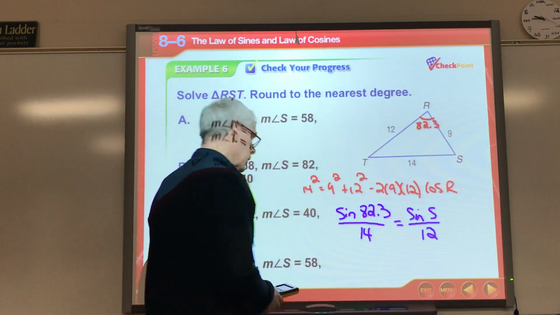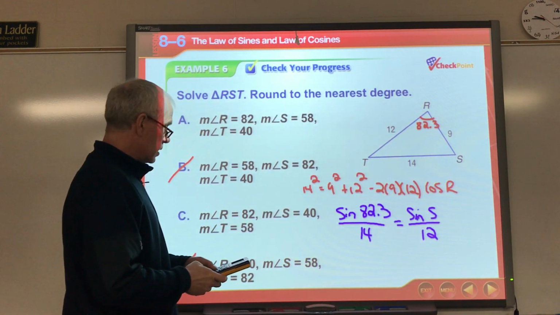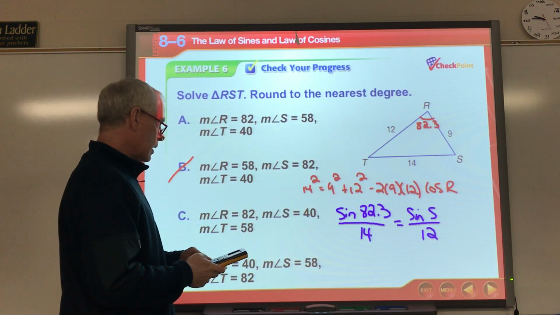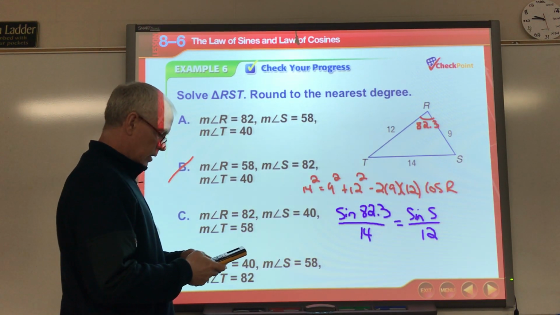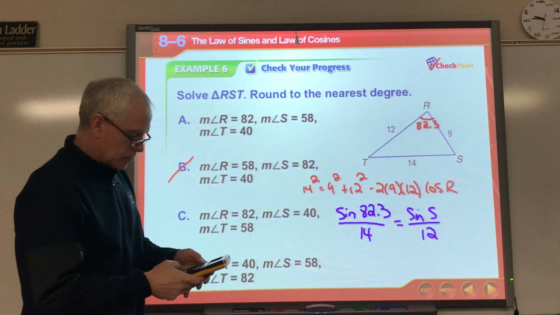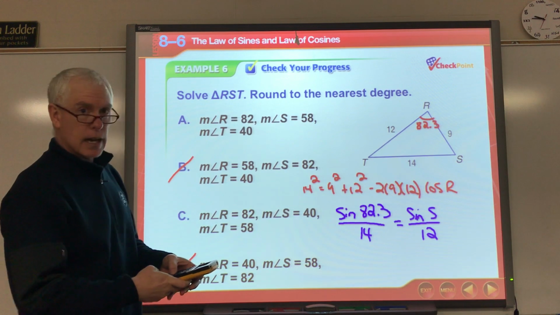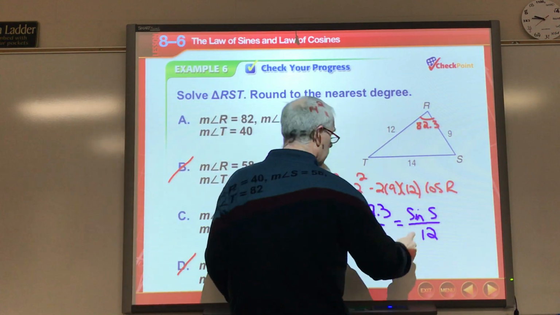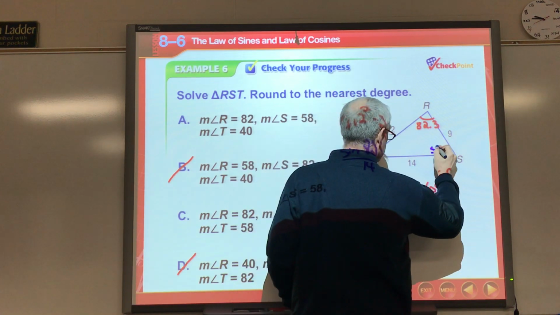Okay, so let's see what we get there. So 12 times the sine of 82.3 divided by 14. Again, that's going to be what sine s equals, so I have to type in inverse sine of my answer to get s by itself. And I get 58.1 for s here.